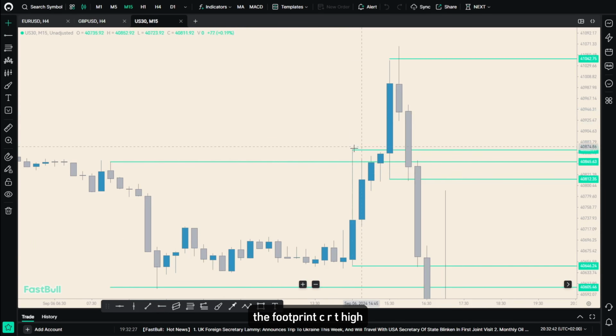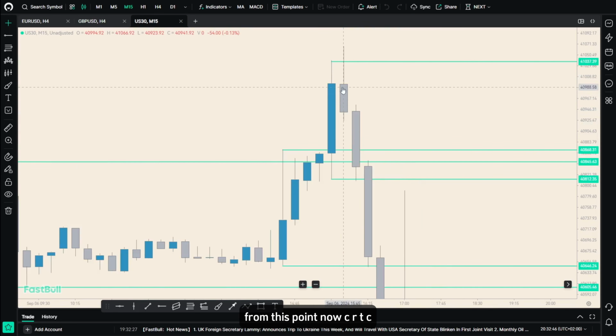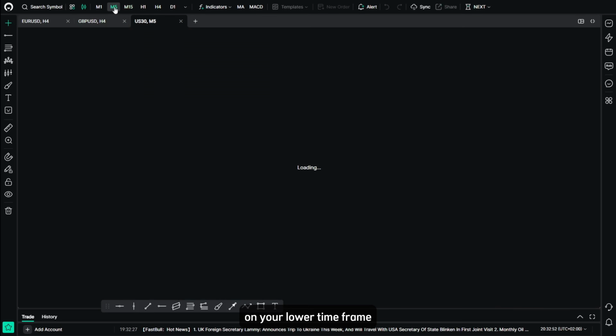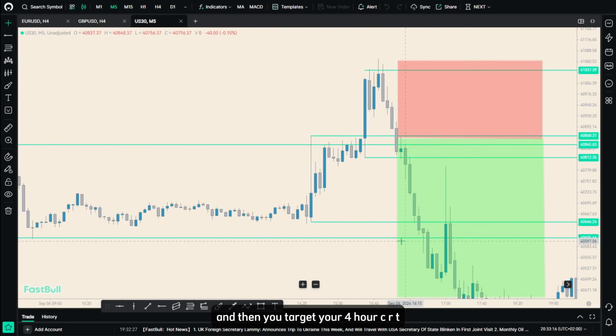The 4-hour CRT high, the 15-minute CRT high, and the 10:30 CRT high has been taken out. From this point now, we start to see that price makes a lower movement, and then you can enter on your lower time frame. And the entry can be once price makes the inversion of this fair value gap right over here. Enter right over there, stop loss above the high, and then you target your 4-hour CRT.